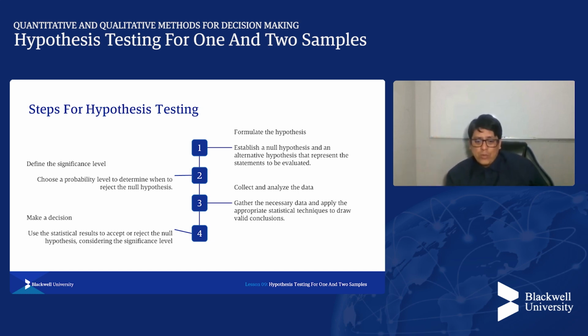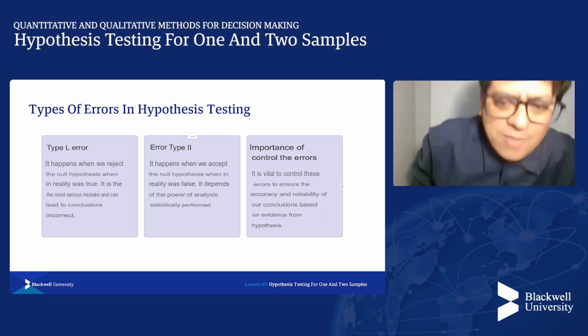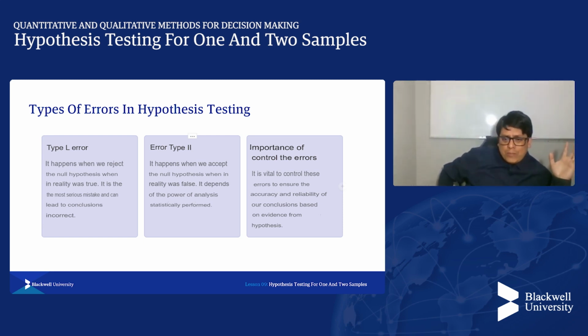It's that simple. Well, this is where we want to focus on the types of errors that can occur in hypothesis testing, and there can be two: type 1 error and type 2 error. Type 1, as I have mentioned repeatedly, is when we reject the null hypothesis when in fact it is true, and we control that, because it depends on the level of confidence that we have.